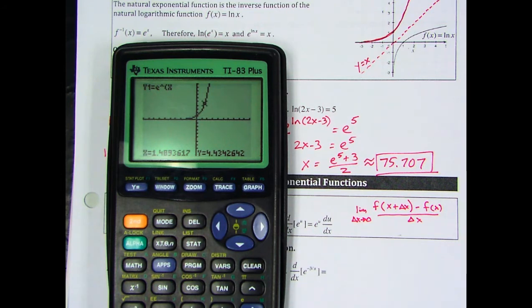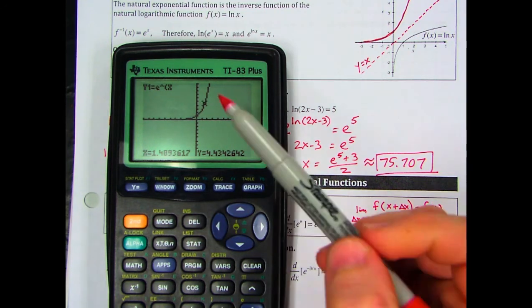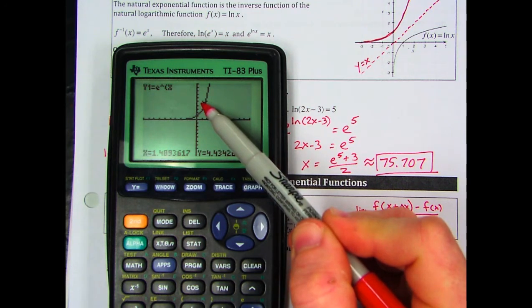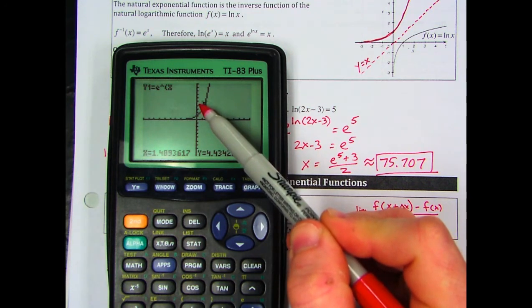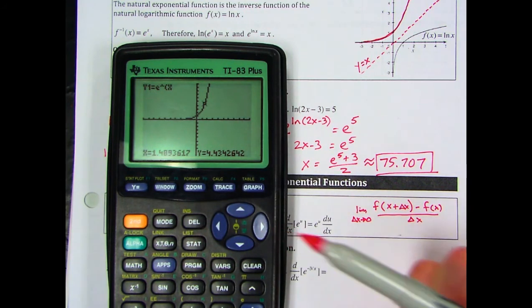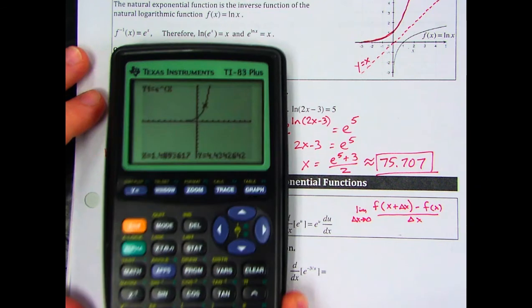Okay, so if the derivative of e to the x is e to the x, and we know derivative is slope, what that means is the slope of the function e to the x is the y value of the function e to the x. So its slope equals how high it is. Kind of crazy.